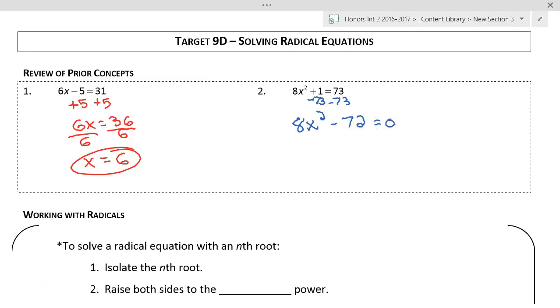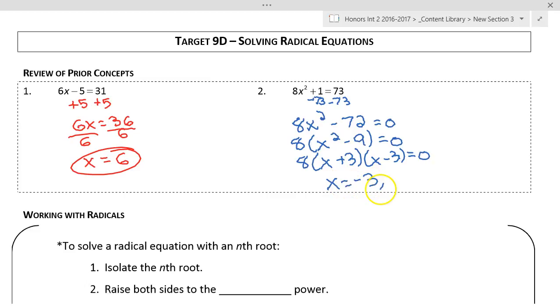Now, this is a factoring problem. First, I have to look for a greatest common factor. I have one, it's 8. That's x squared minus 9 that I'm left with. Now, x squared minus 9 factors to (x plus 3)(x minus 3). So then x equals negative 3 and positive 3.